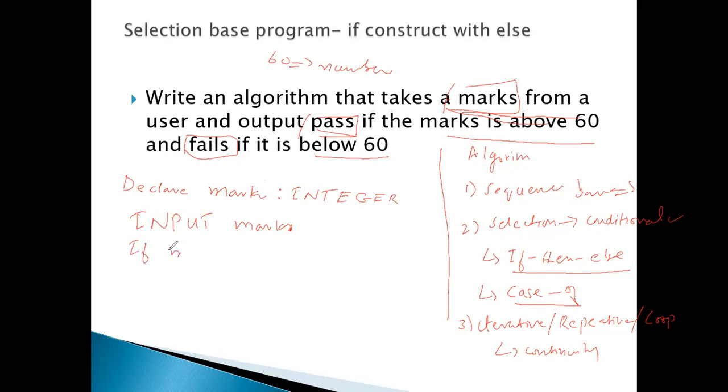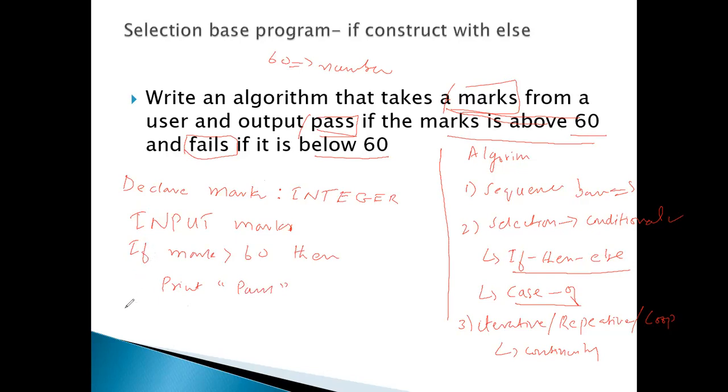If marks greater than 60, as we have given criteria. This is the criteria. If marks greater than 60, then you will write then. Now see, I will write print here inside the line. Print in double quotation, I will write pass. You are pass. Okay, you got the idea?